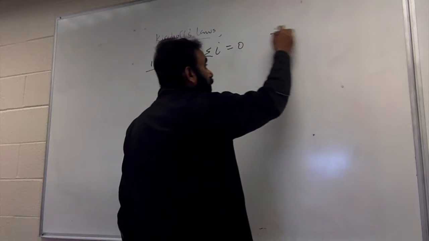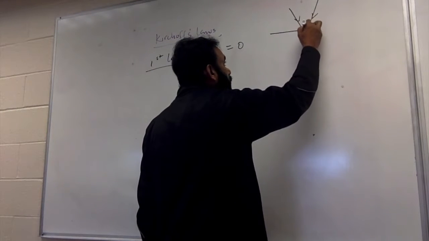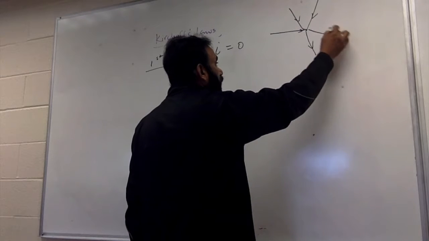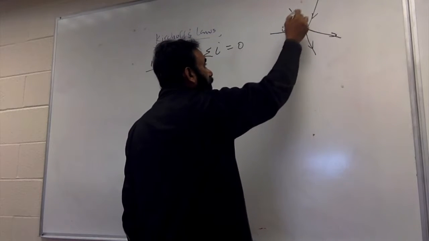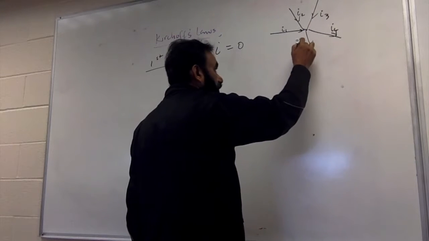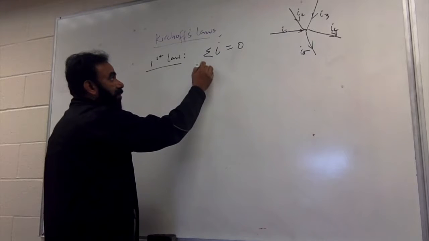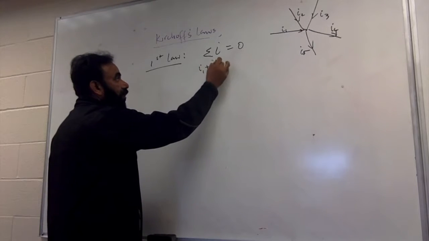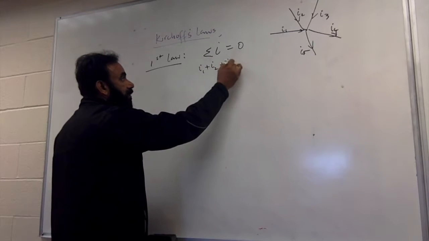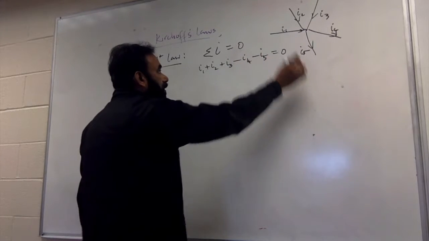So if you have currents coming into a junction and currents going out of a junction, call them I1, I2, I3, I4, and I5, the algebraic sum of the currents coming into and going out of the junction is equal to 0.